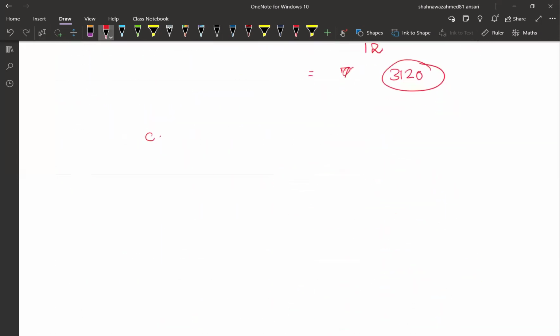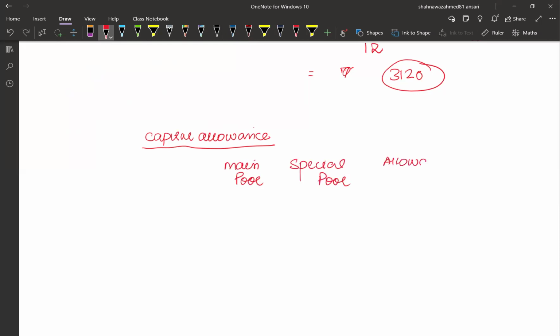So for capital allowances, we have the main pool, then the special pool, and the allowance column. The TWDV brought forward given in the question is 8,400 and 12,740.